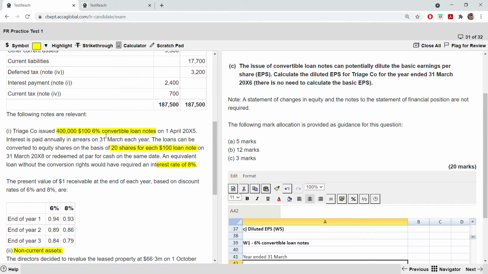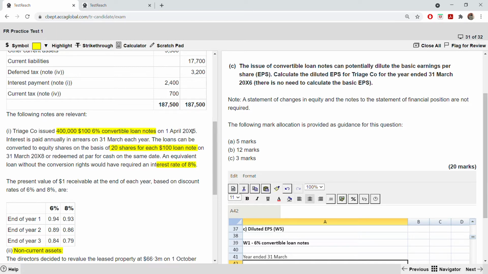It was issued on 1st April 2005, and interest is paid annually in arrears on 31st March each year. The loans can be converted to equity at 20 shares per 100 loan on 31st March 2008. So you are paying the interest each 31st March: 2006, 2007, 2008.